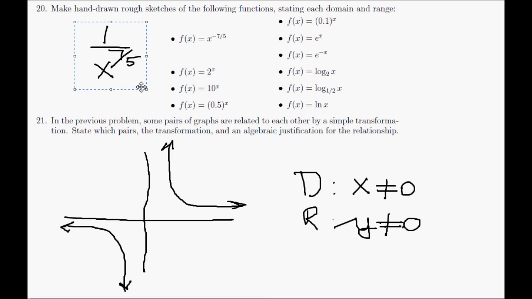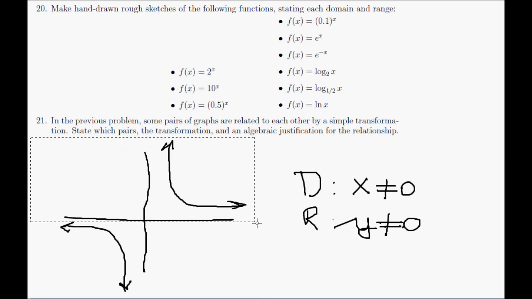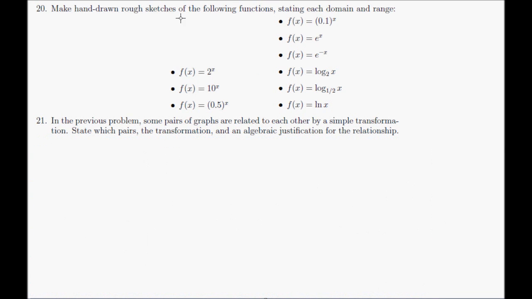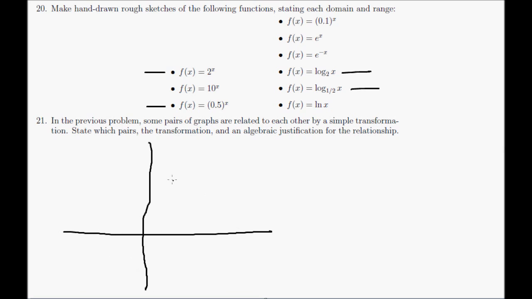Okay, let's now turn to the exponential and logarithmic functions that we have. Let's take a look at, in turn, 2 to the x, 0.5 to the x, log of x base 2, and log of x base 1/2. I'll probably change the color coding on this as we go along.